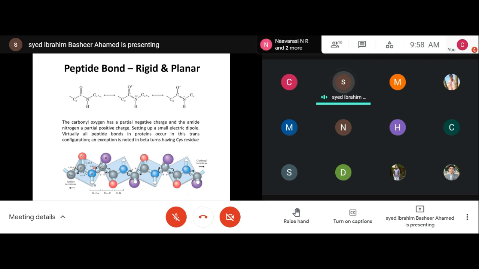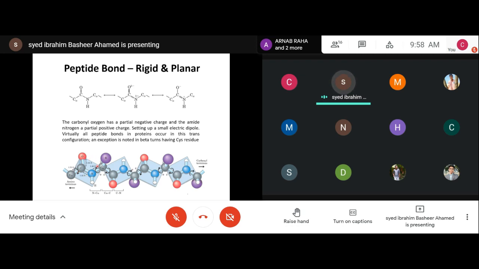N to C alpha, you also have freedom of rotation. So this bond can rotate, and this bond can rotate, whereas this bond cannot rotate. It is a very rigid structure. Rigid means it should have double bond nature; if it were a single bond, you would be able to rotate freely. But since it has double bond character, it is not free to rotate, so it is a rigid structure.